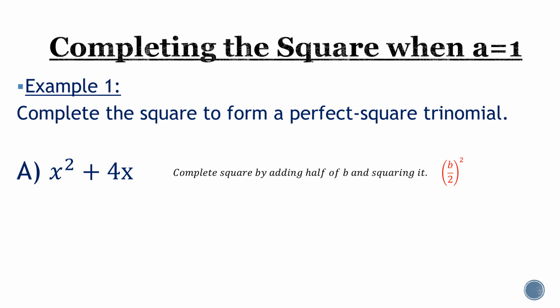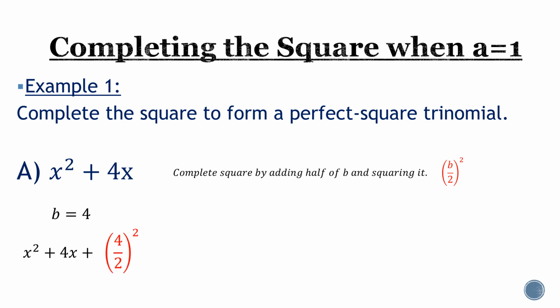So what we're going to do is take our b value and substitute it into this equation, which we have to the right in red, which is b divided by 2 squared. Our b value here is 4 because it is in front of the x. Again, our b value is the coefficient.